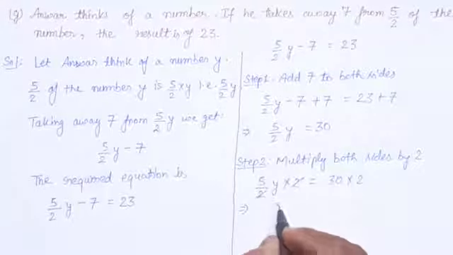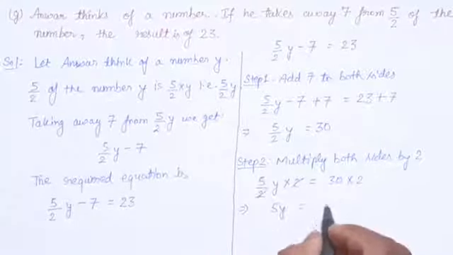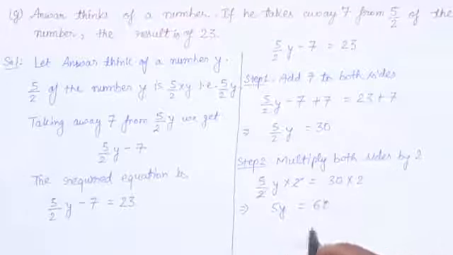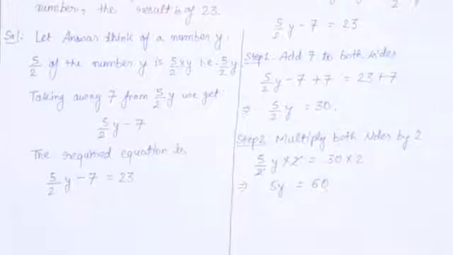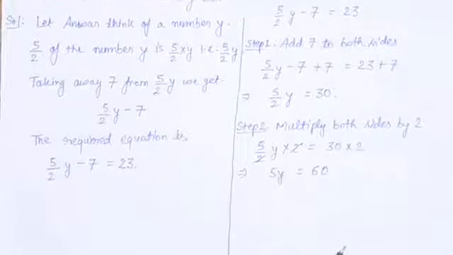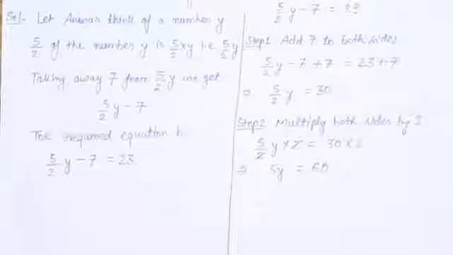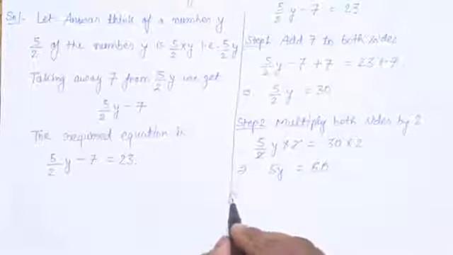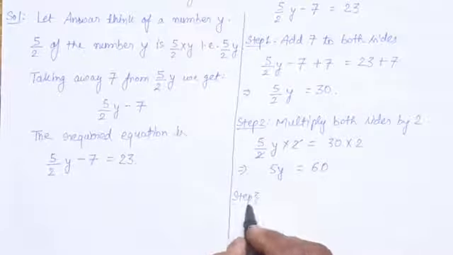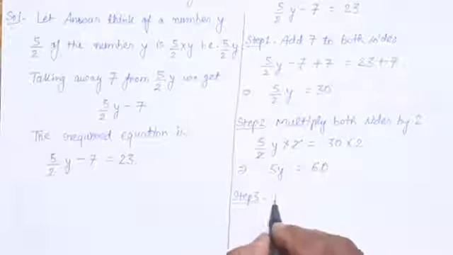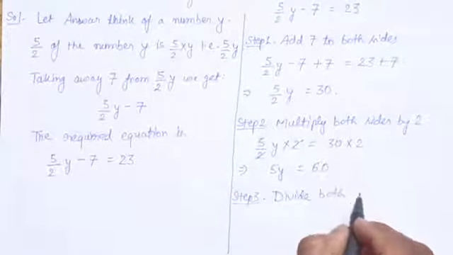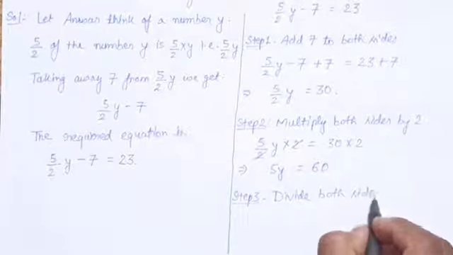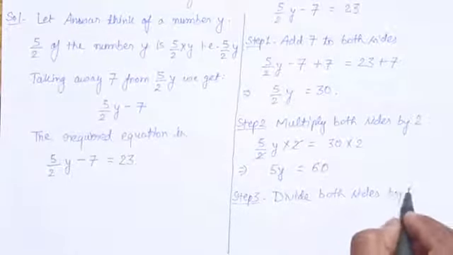So we have 5y equals to 30 into 2, that is 60. But again you can see clearly that in the left hand side we have 5y, but we have to obtain y only. So what is our step 3? In step 3, let us divide both sides of this equation by 5.